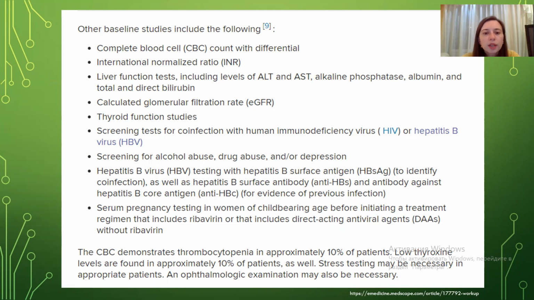Hepatitis B virus testing with hepatitis B surface antigen, as well as hepatitis B surface antibody and antibody against hepatitis B core antigen. Serum pregnancy testing in women of childbearing age before initiation of a treatment regimen that includes ribavirin, or one that includes direct-acting antiviral agents without ribavirin.